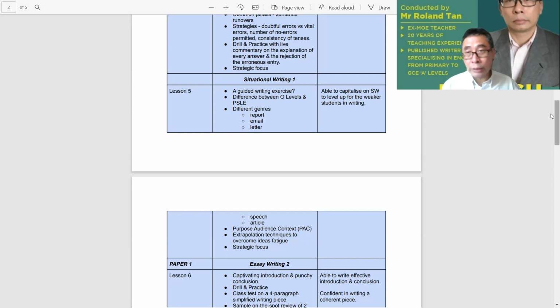The strategic focus is, of course, the importance of situational writing in your paper 1. It is one very good way for you to capitalize upon to level up your paper 1 score, right? So that's the learning outcome of lesson 5.